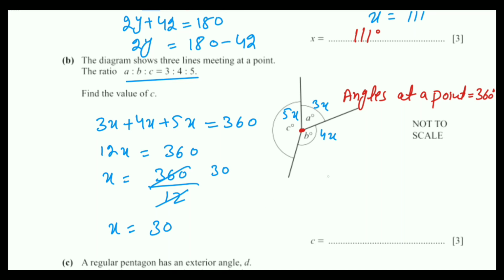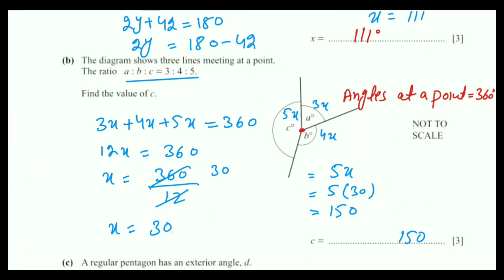Now you have to find the value of C. Value of C is 5x. So you will put the value of x in this. 5 times 30 is 150. 150 is the value of C. That will be written here.